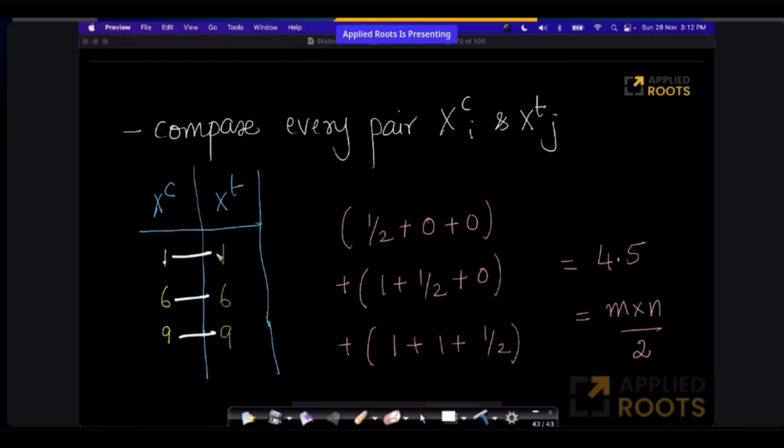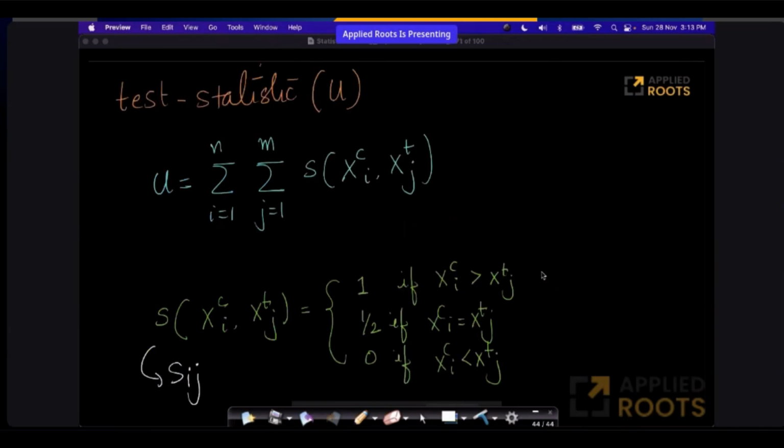Half of them will be greater, half of them will be less. This, it's going to be greater than all others. You can test this: instead of 3 values, take 5 values and do this simple tabulation. So if you think very logically, what the U statistic is saying is, if the control and treatment values are the same, give it a value of half, or else give it an extreme value of 1 or 0.